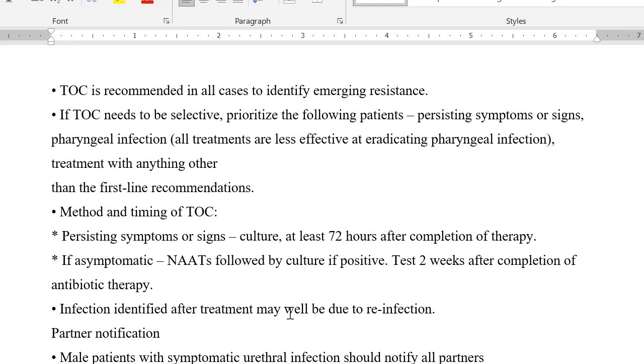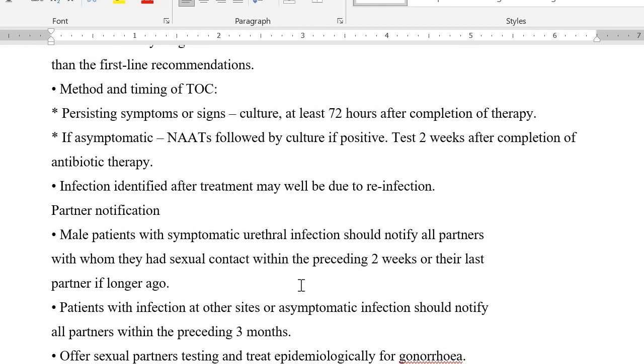If infection is identified after treatment, it may well be due to reinfection, so you have to think that this patient has been reinfected. Partner notification is important.